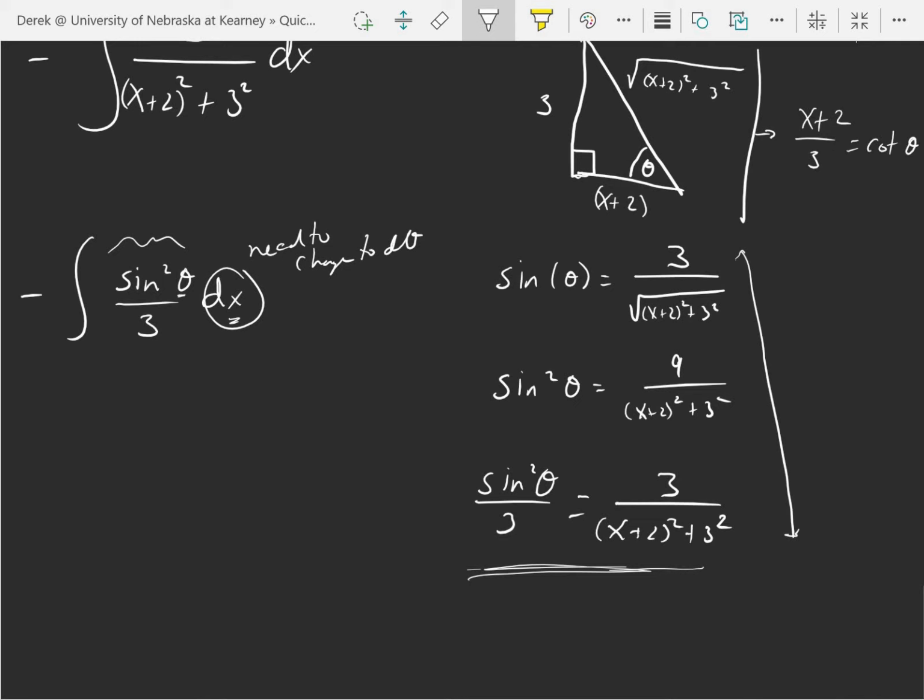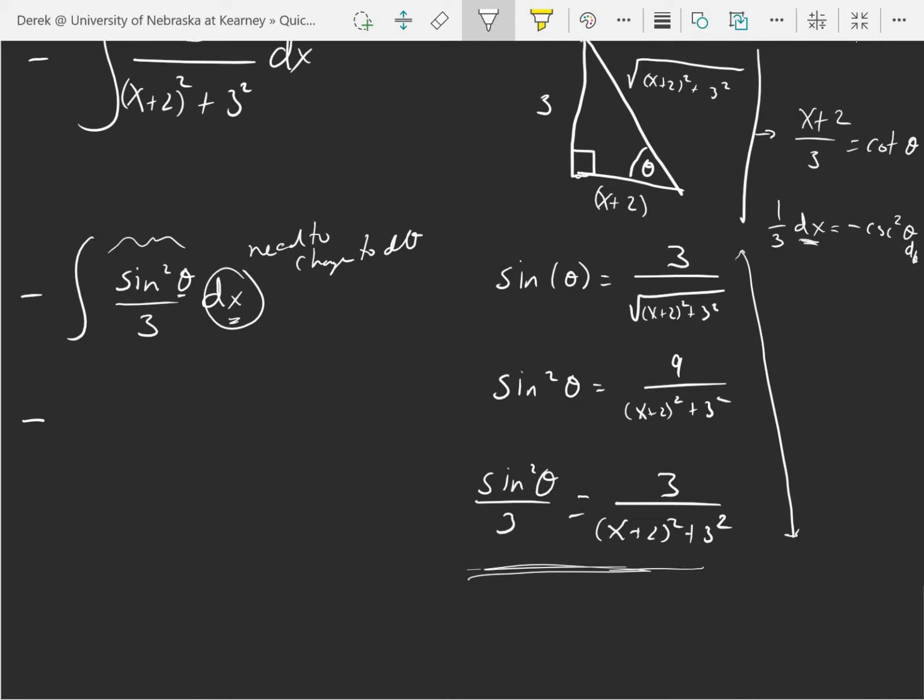That's an easier function to differentiate. In fact, I get just 1/3 dx is equal to the negative cosecant squared of theta d theta. So if I want to use d theta, I can use this instead, and dx right there matches kind of perfectly with this.